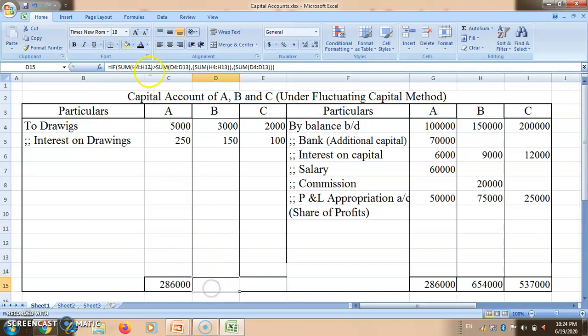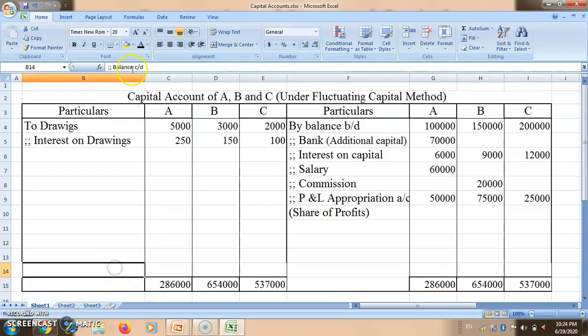Debit total is also the same. Okay. Now where will you get the balance? The balance will be on the debit side. On the debit side we will write balance carried down.